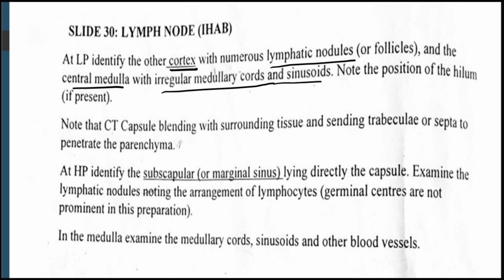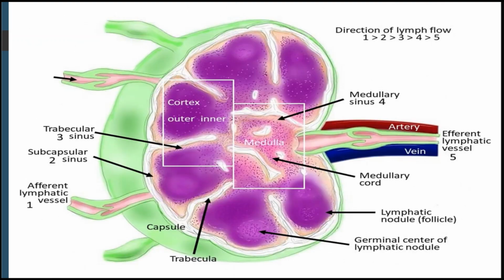Also note the connective tissue that blends in with the surrounding tissue and sends trabeculae or septa into the parenchyma. At high power, identify the subcapsular or marginal sinus.